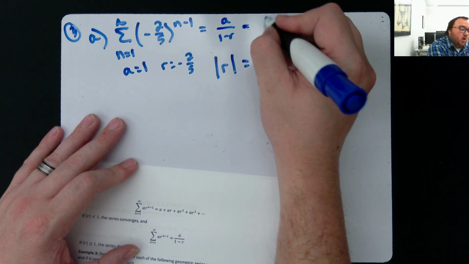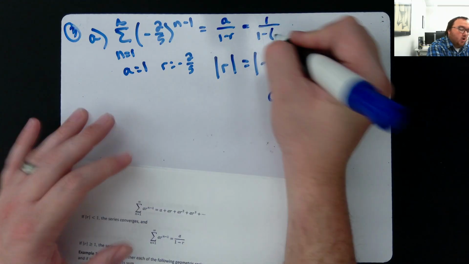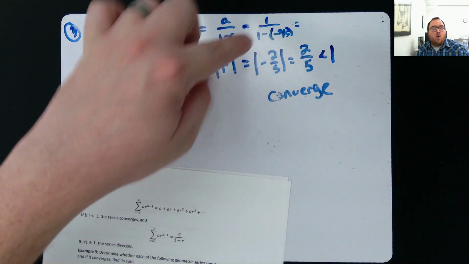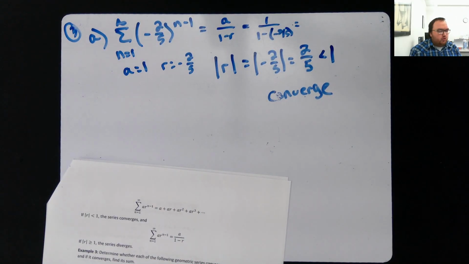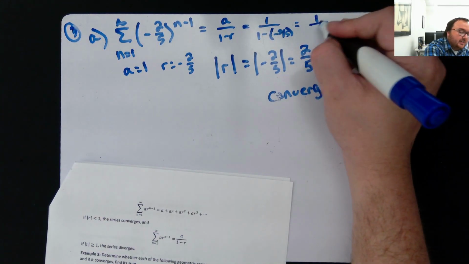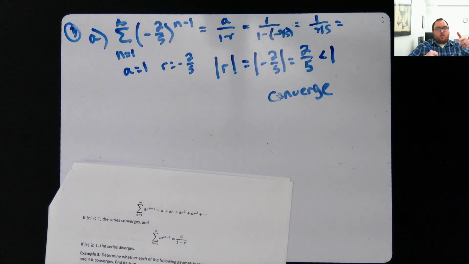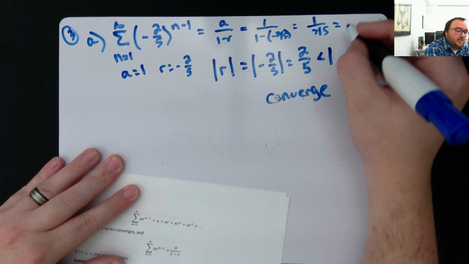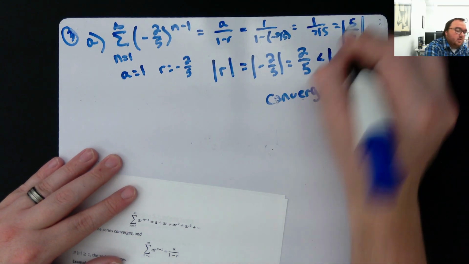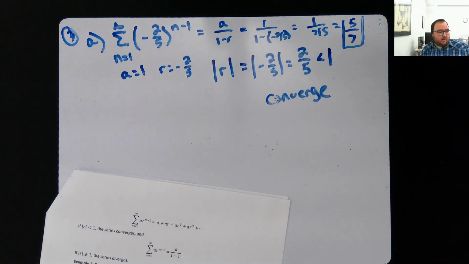A is just 1 over 1 minus, and then r is negative 2/5. That's like saying 1 plus 2/5, which is 7/5. 1 over that means I just flip it over, and the sum is going to be 5 over 7. Easy enough. If that doesn't make sense, though, let me know.